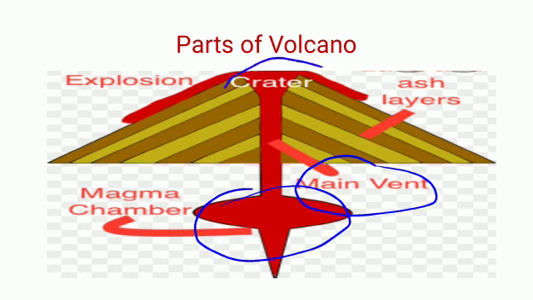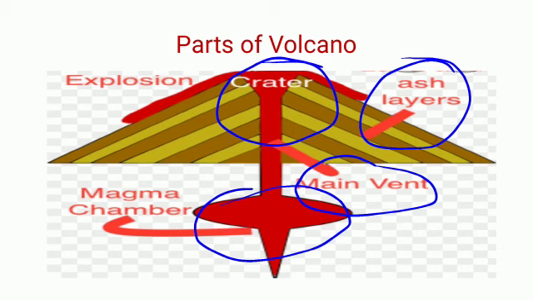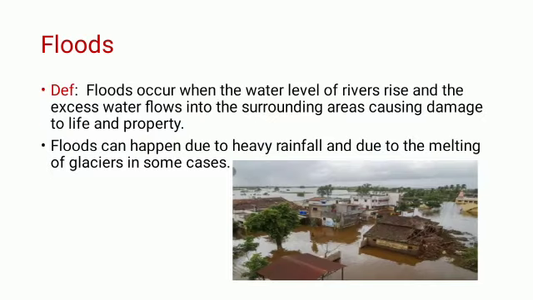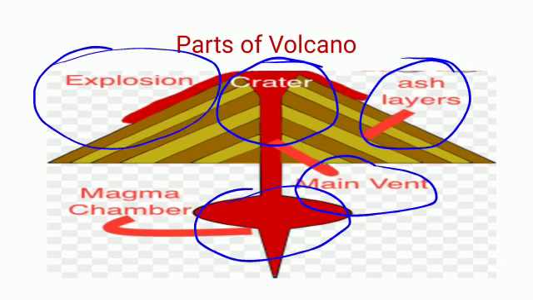Now what is crater? Crater is a depression on the top of the volcanic cone, and that is caused due to the volcanic eruption only. And these are the ashes of whatsoever is coming out from the volcano. Explosion is that outburst of anything. So this is volcano. Now let us first discuss the precautions we should take at the time of volcanic eruptions.